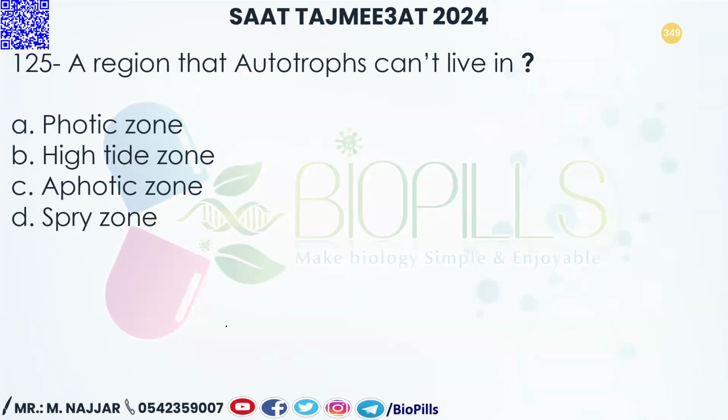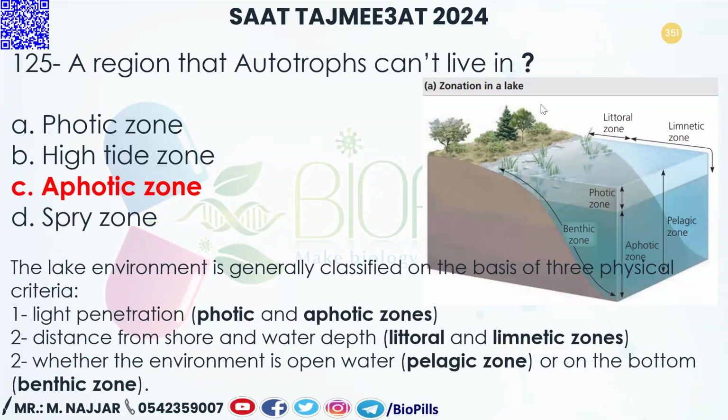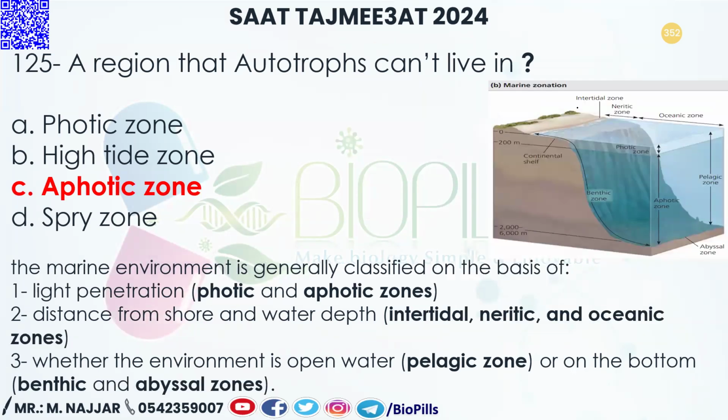A region that autotroph cannot live in. Very easy. Auto means self; they make their own food by themselves. So what's the region that they cannot live in? Yes, perfect. Aphotic: A means not, photic means light. So the area that there is no light in, autotrophs cannot live in, because they cannot carry out photosynthesis. Exactly. In the aphotic zone, there is no way for the autotroph to make their own food.